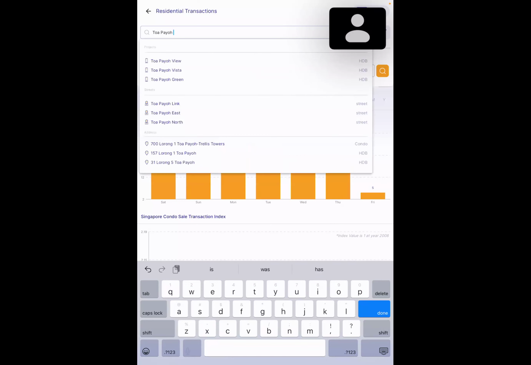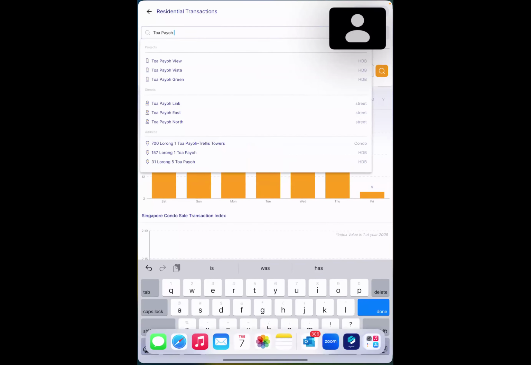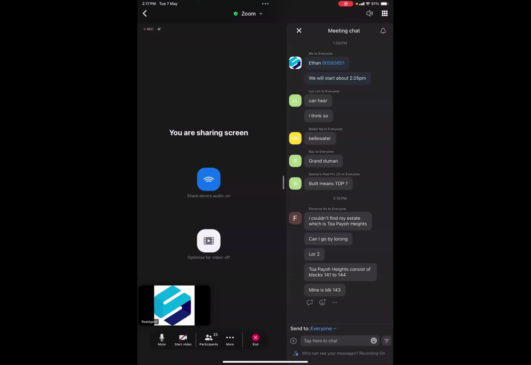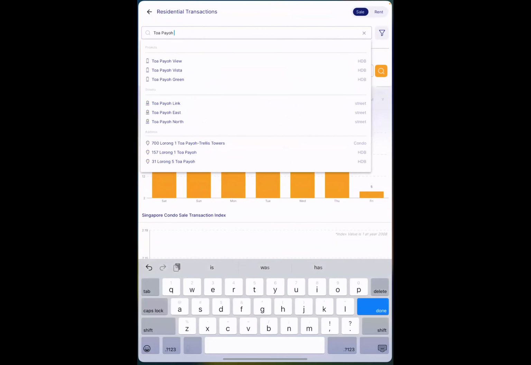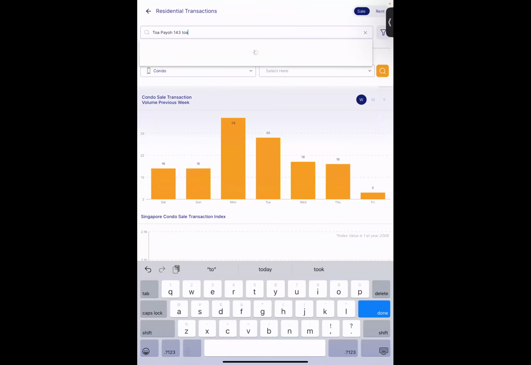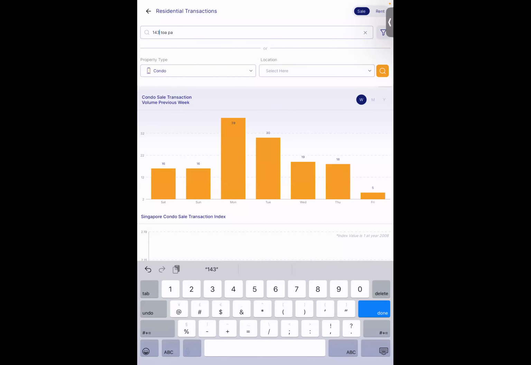Don't have leh. Or you have the block number. Block 143. Wait, let me try.